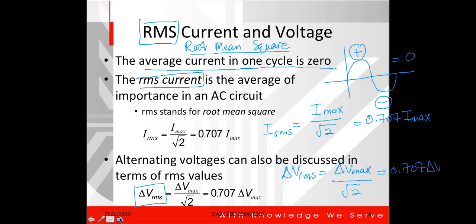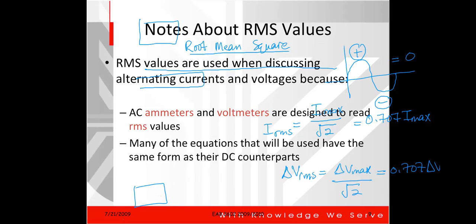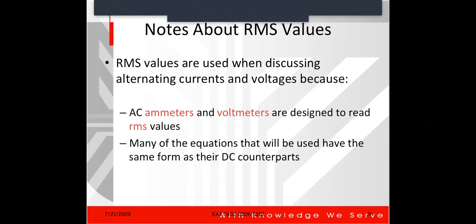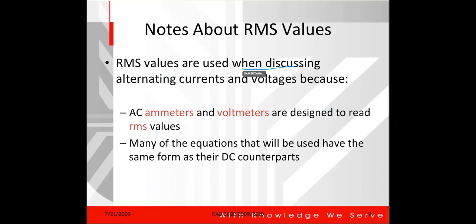Okay, let's do some calculation. And before that, ada lagi ni. Note about RMS value. RMS values are used when discussing alternating currents and voltages because AC ammeters and voltmeters are designed to read RMS values. Many of the equations that will be used have the same form as their DC counterparts.